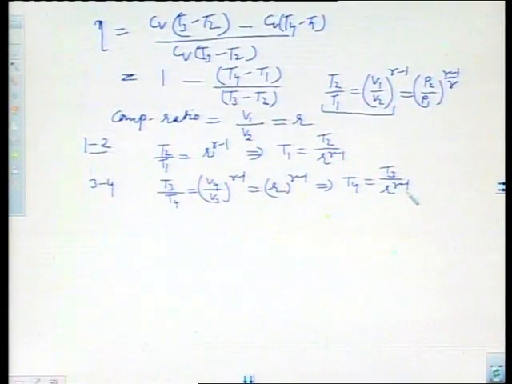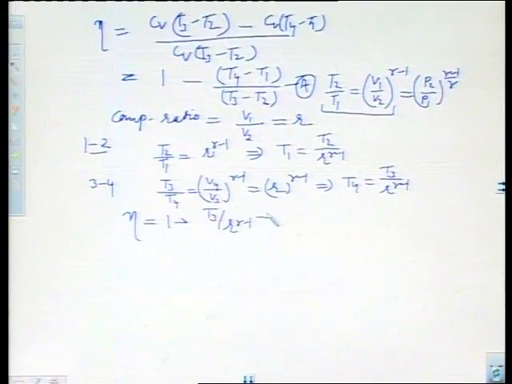Put this value in this equation, that is A equation. We will further derive efficiency is equal to, T4 is T3 divided by R to the power gamma minus 1 and T1 is T2 divided by R to the power gamma minus 1, divided by T3 minus T2.